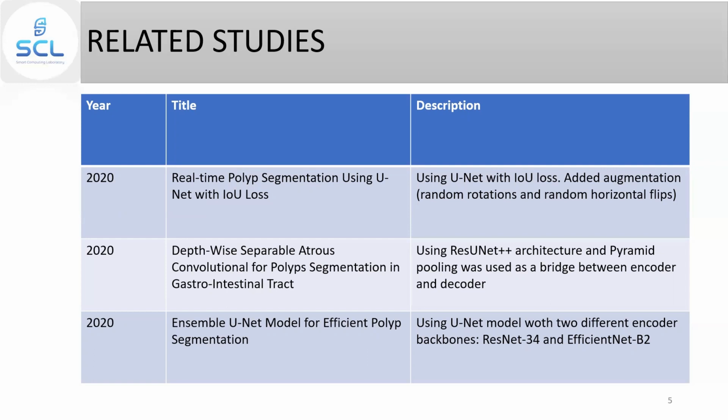This paper presents UNet with IOU loss. The authors added 2 augmentation methods: random rotations and random horizontal flips.